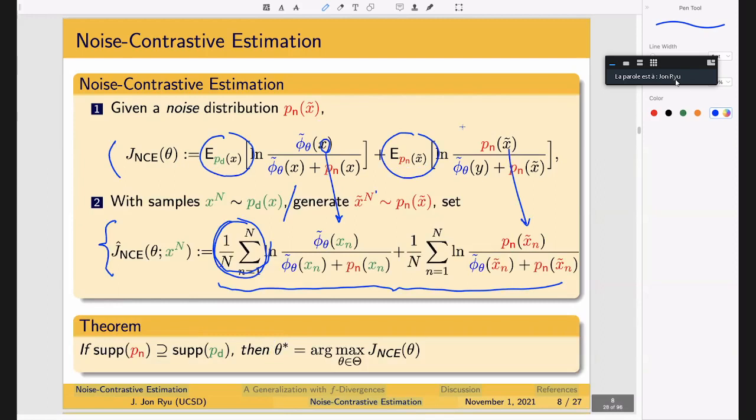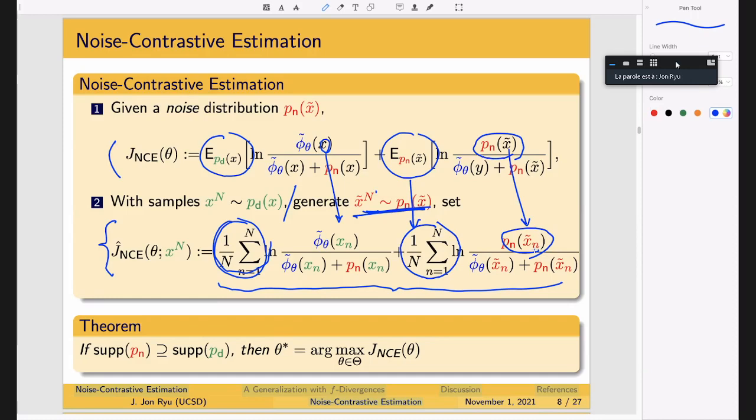These two requirements come from the form of the objective function. When we instantiate this objective with samples, we approximate this by a summation by drawing samples, so it should be easy to draw samples from it. And you should also know how to evaluate the density, right? So those are required.